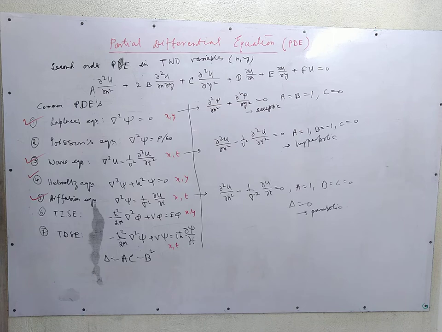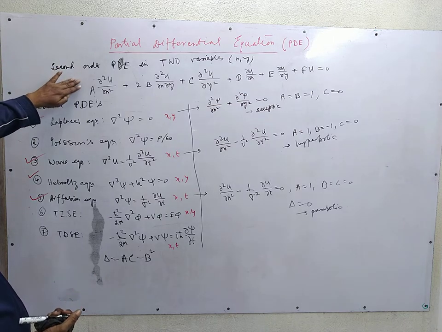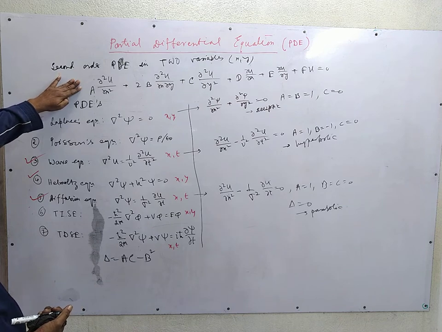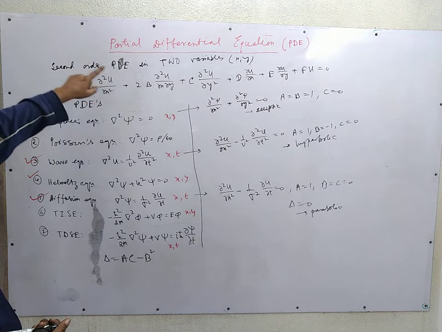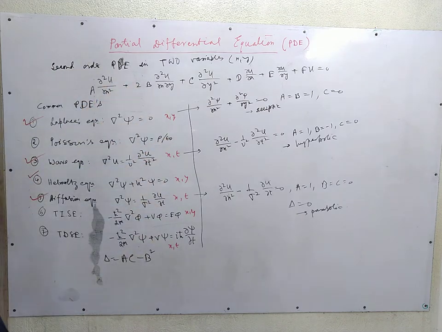So we have stated the classification of partial differential equations involving two variables, and cited examples for each of these three: elliptic, parabolic, and hyperbolic.